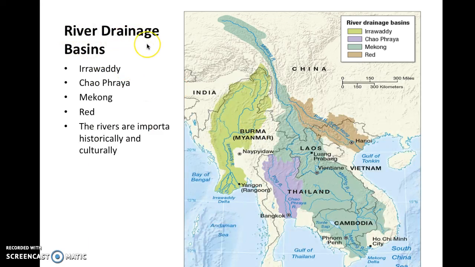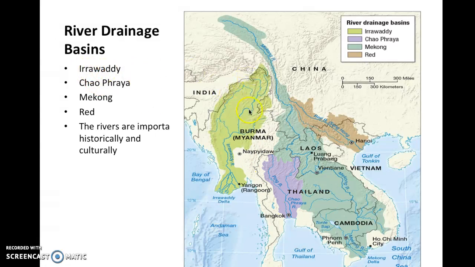River drainage, another big issue. There are only really a few rivers in Southeast Asia: the Irrawaddy, the Chao Phraya, the Mekong, and the Red River. The Red River flows out of China, through Hanoi, and south into the Gulf of Tonkin. The Chao Phraya is down around here and drains Thailand, this basin right in here.